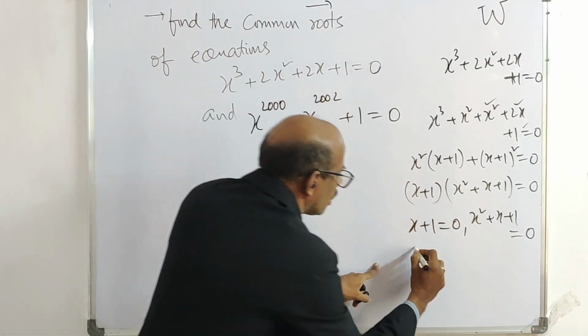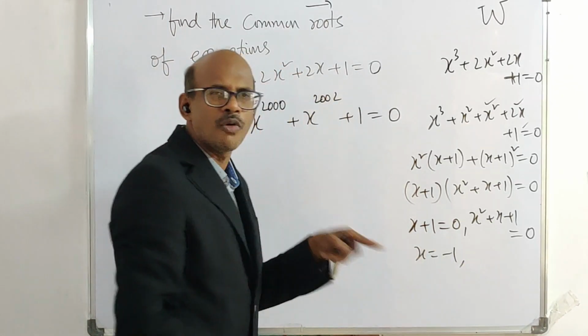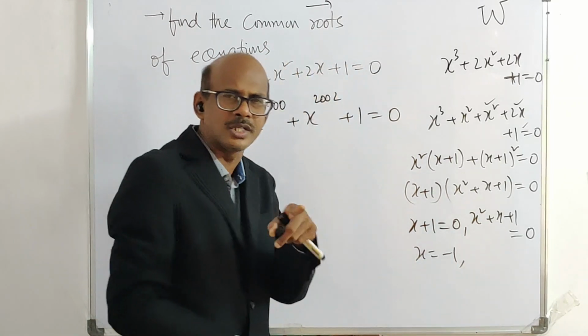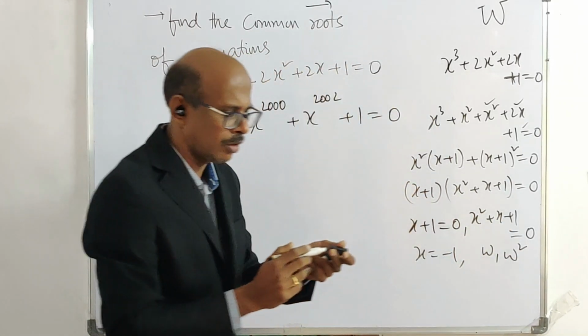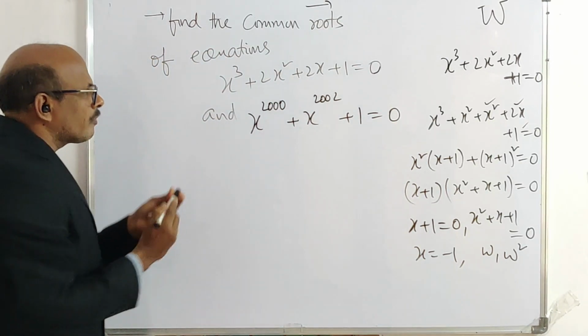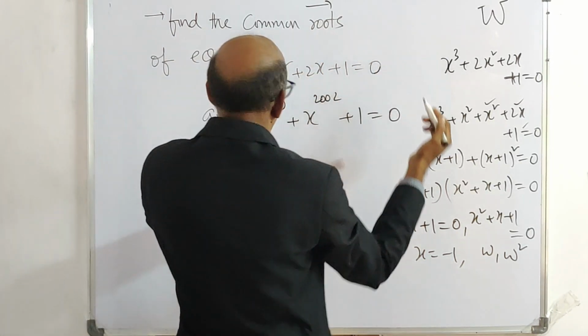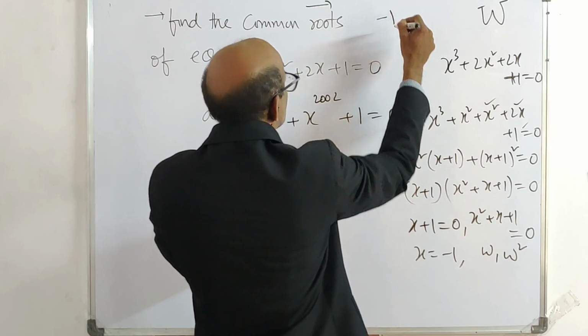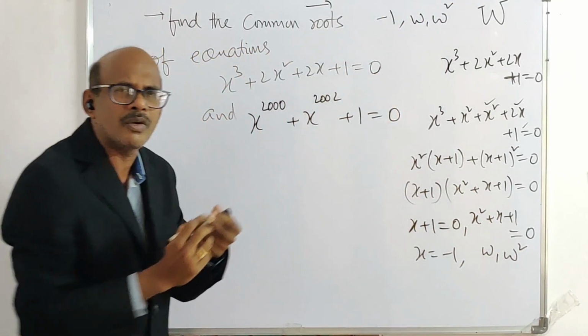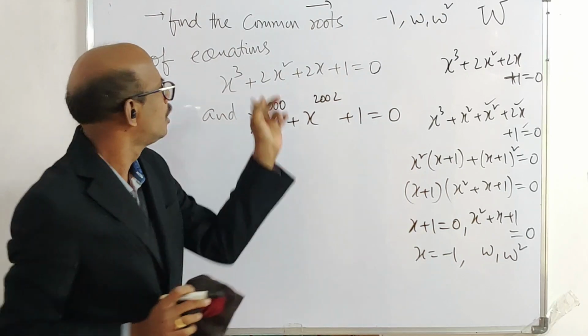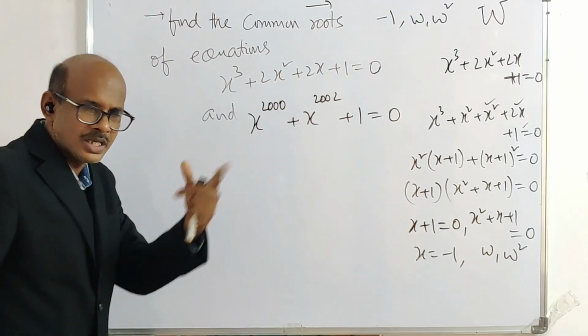So for the cubic equation, there will be three roots. You know very well from our core concept, for that equation the roots are omega and omega square. So for the first equation, I received the roots: minus 1, omega, omega square.